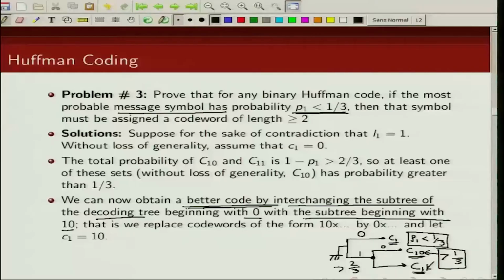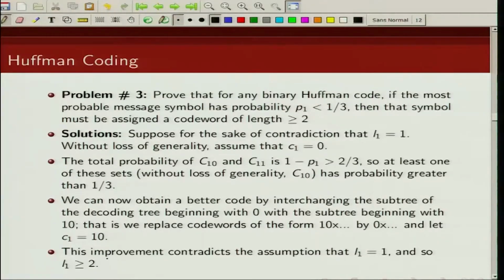Hence we have proved that this most probable symbol, which has probability less than 1/3, must be assigned a code word length of at least 2 for a binary Huffman code.